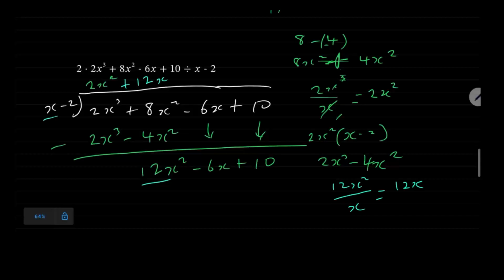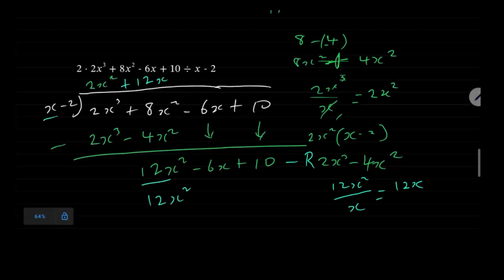Now, just like we did for the previous ones with the remainders, we call this one the remainder. Let's call it our R. So when we do that, we have 12x, right? So we are going to use the 12x to multiply the divisor, okay? So when we have 12x times x, we are going to get 12x squared.